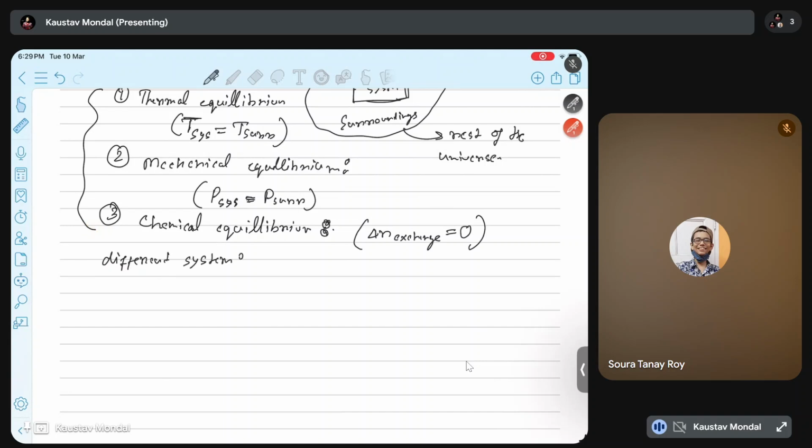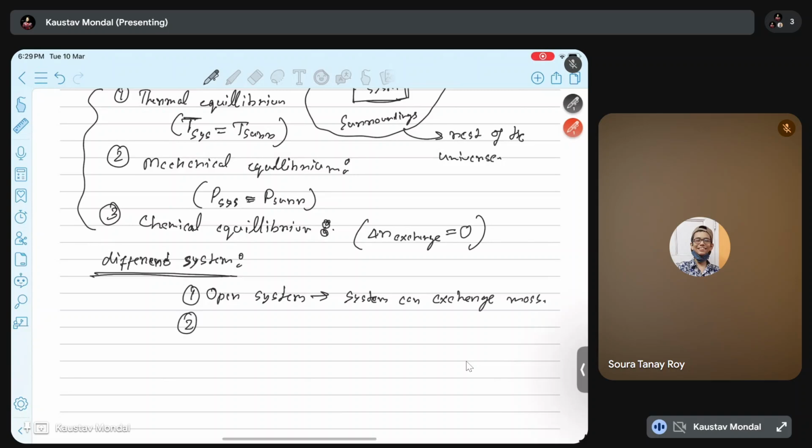So from the name itself you have to know what the type of the system is. First is the open system. Open system means the system can exchange particles or mass.